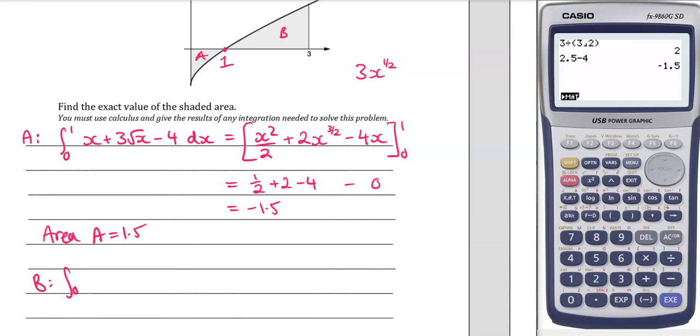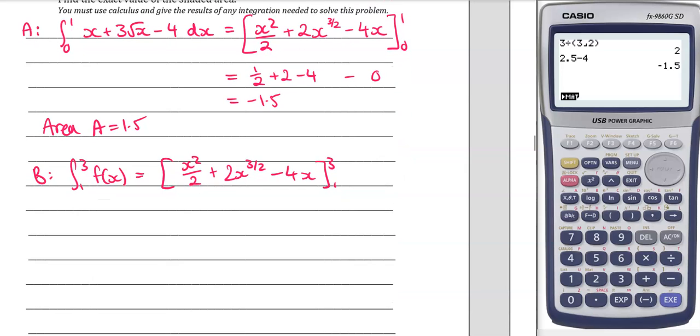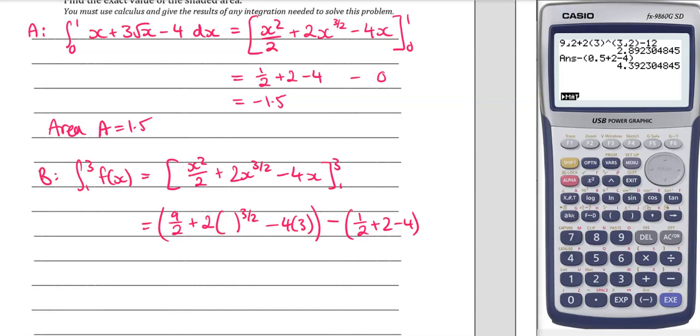For B, we'll do the same thing, but instead of 0 to 1, we will do 1 to 3. Okay, so if we pop the 3 in, and then the 1, I realised I made a mistake just here.